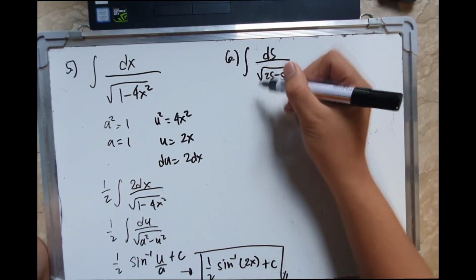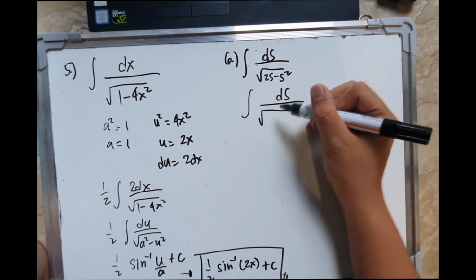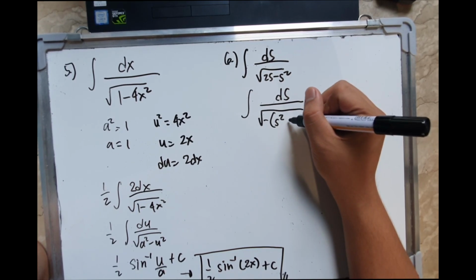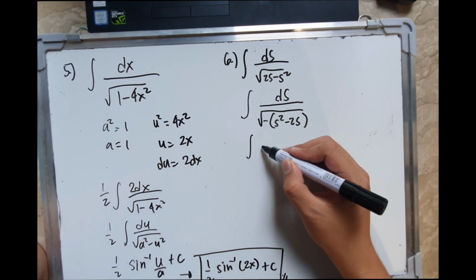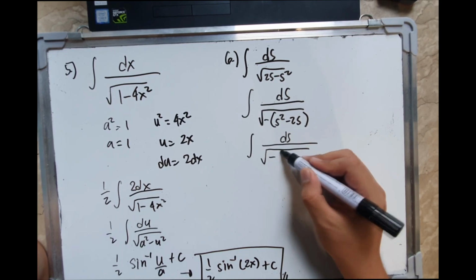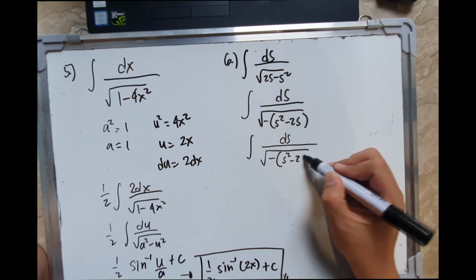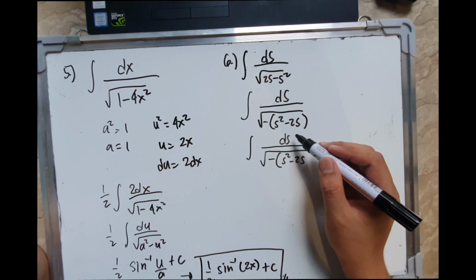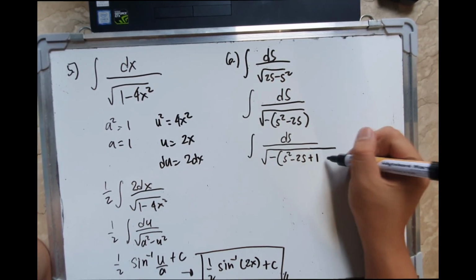So if we factor the negative, we could reverse this one, s squared minus 2s. So let's have ds. Let's complete s squared minus 2s. 2 divided by 2 is 1. 1 squared is again 1. So we'll be adding 1 and subtracting 1.